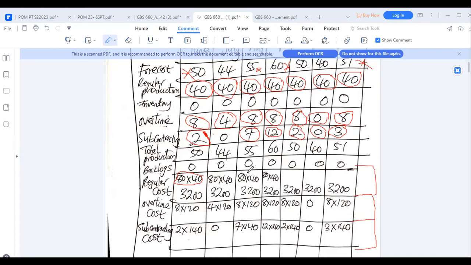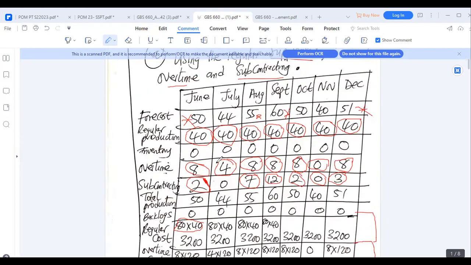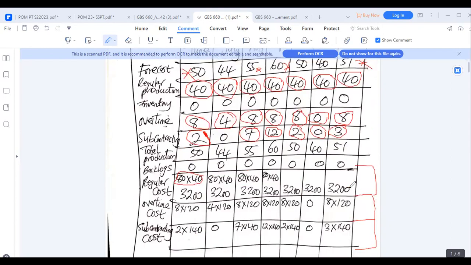Then subcontracting: we only subcontracted 2 units in June. We also subcontracted 7 units in August. In September, we subcontracted 12 units. In October, 2 units. In December, 3 units. And this is now telling us the total cost.